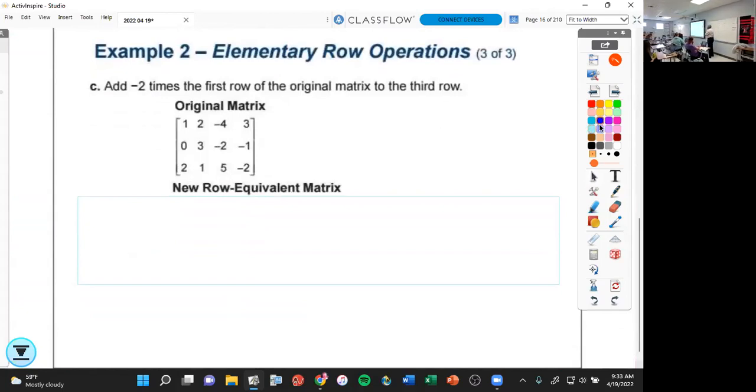C says add -2 times the first row of the original matrix to the third row. -2 R sub 1. Which row is changing?